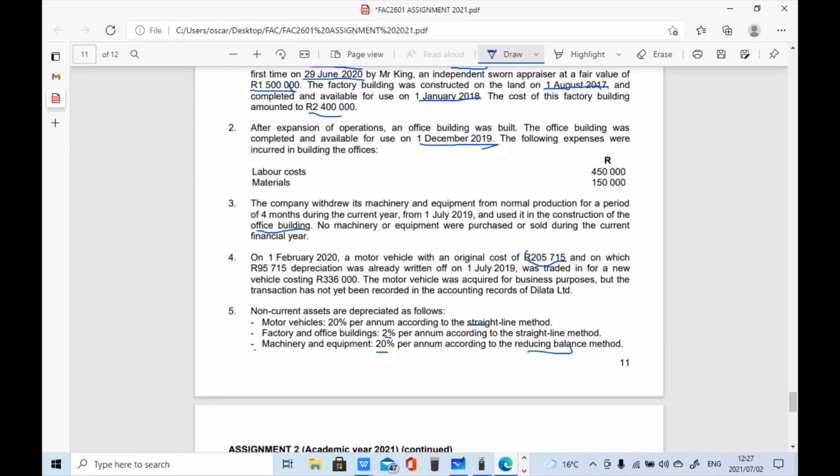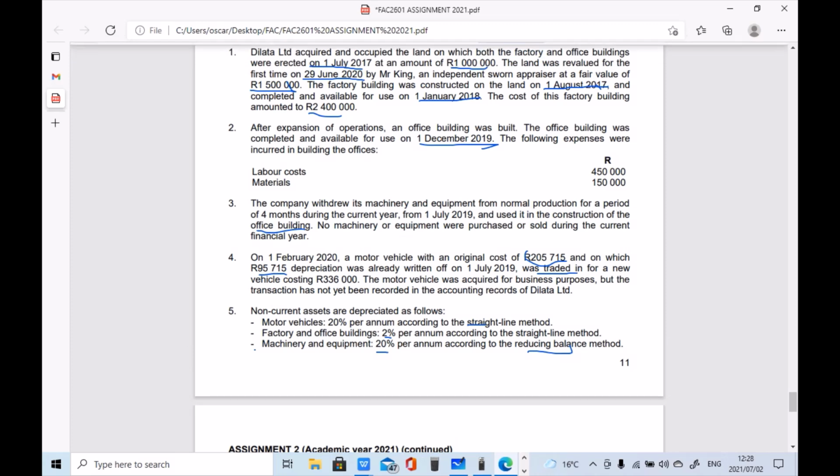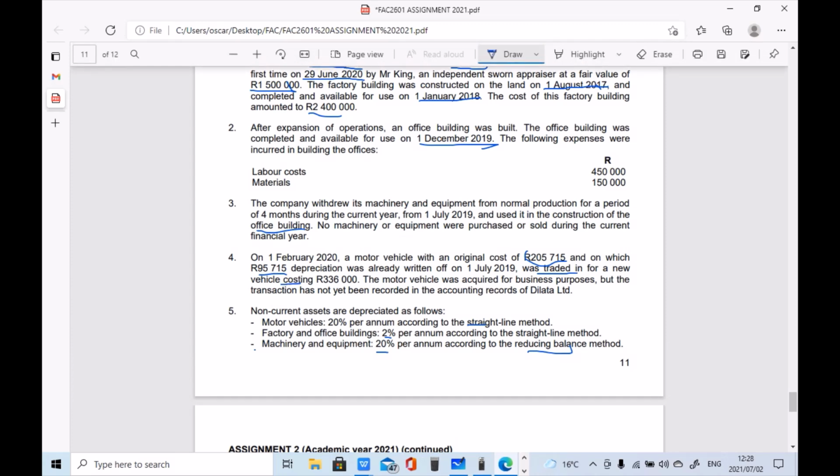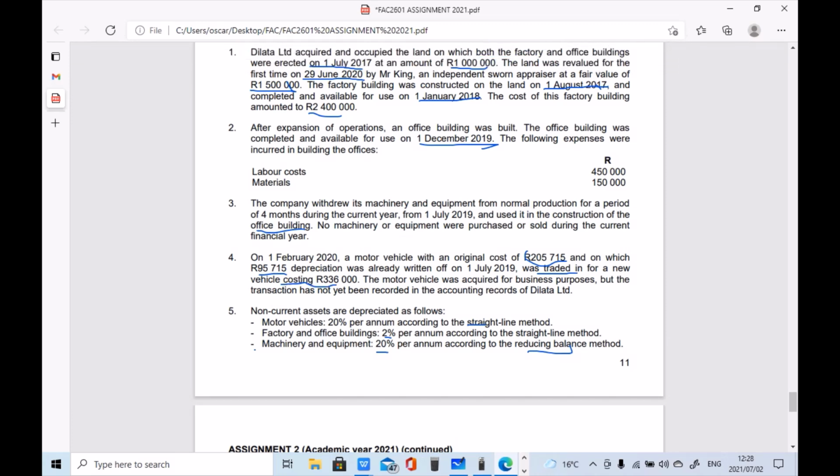On 1 February 2020, a motor vehicle with an original cost of 205,715 and on which depreciation of 95,715 was already written off on 1 January 2019 was traded in. So it was sold, right, for a new vehicle. So they also bought a new vehicle with a cost of 336.